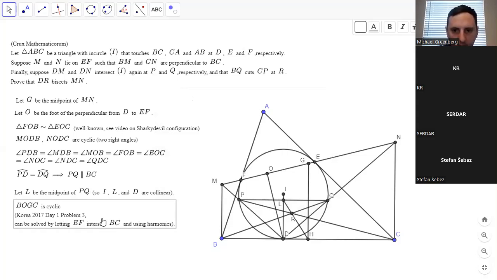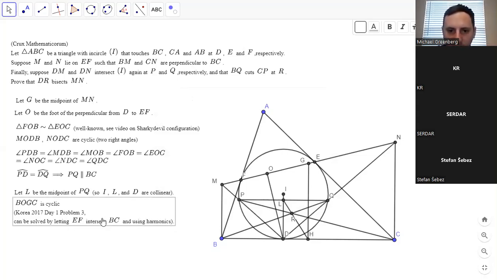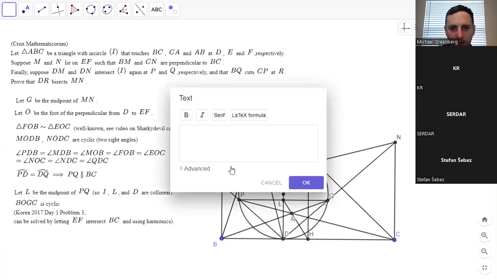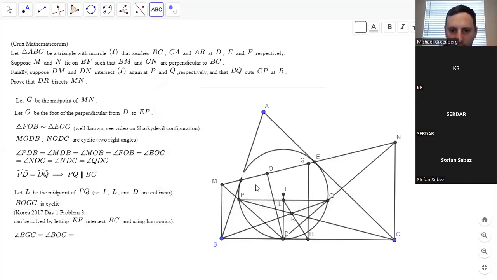And then angle BGC equals angle BOC, which is 180 minus BOM minus NOC.